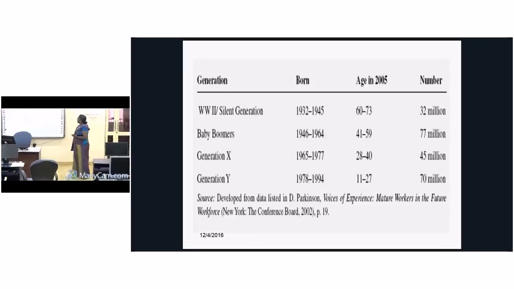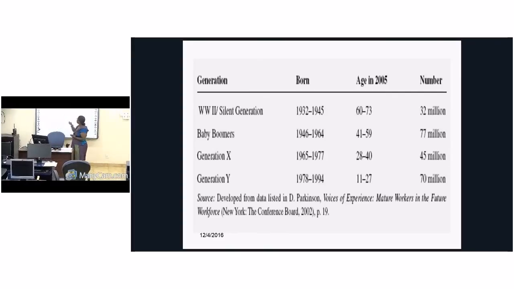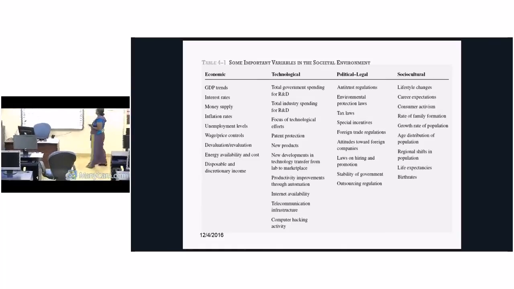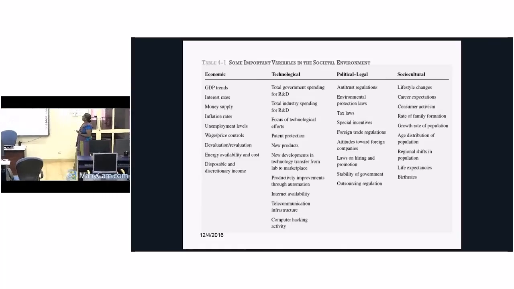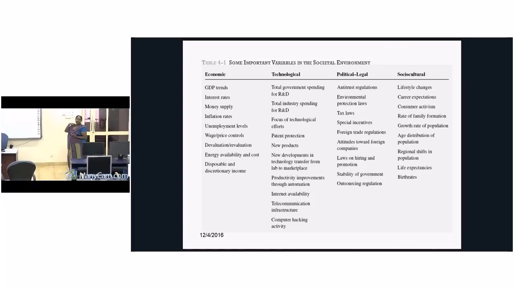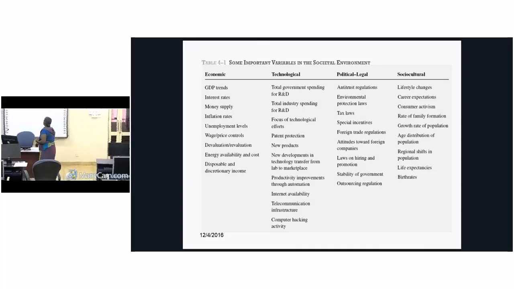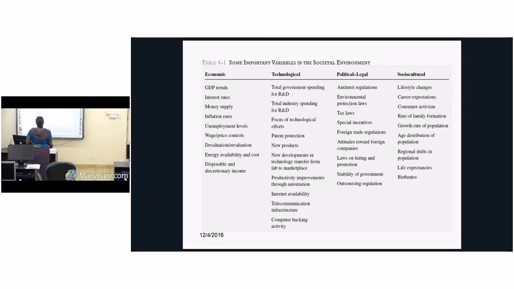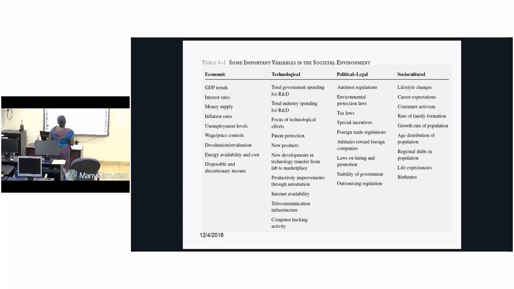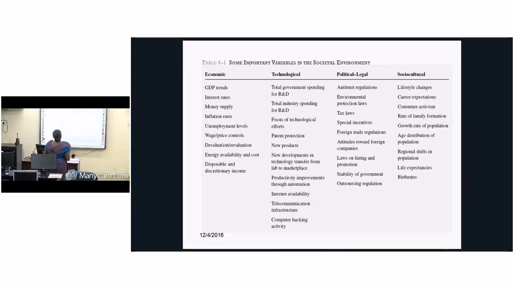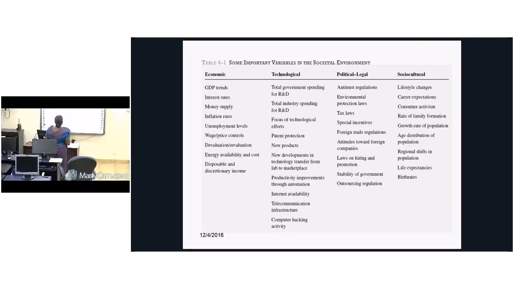This is the generational differences. So these are the variables, these are the elements in the societal environment further. GDP trends, interest rates, money supply, inflation rates, unemployment level, price controls, devaluation or revaluation, energy availability and its cost, disposable and discretionary income.